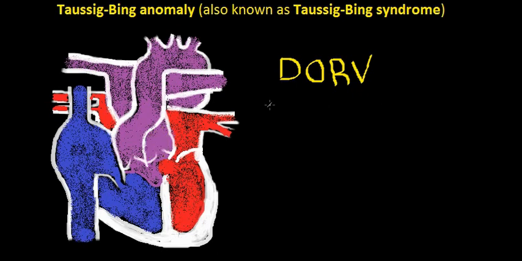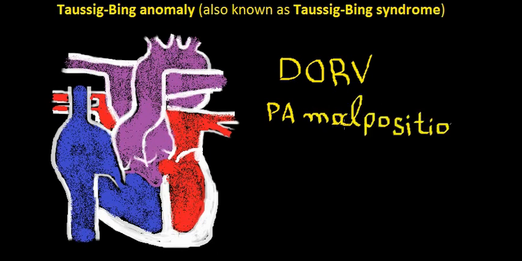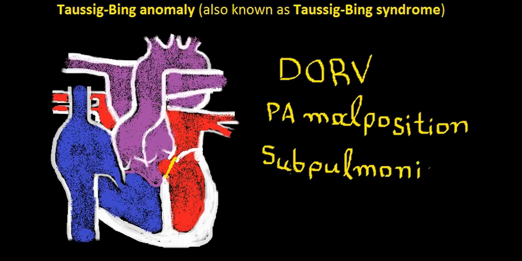So let's write it: pulmonary artery malposition. And there is subpulmonic ventricular septal defect, which is here. It is just below the pulmonary artery. Ventricular septal defect.